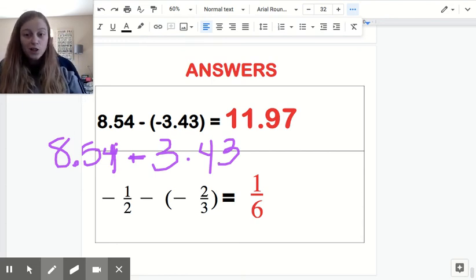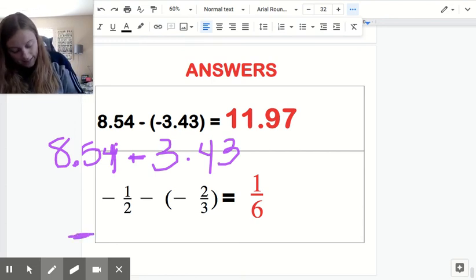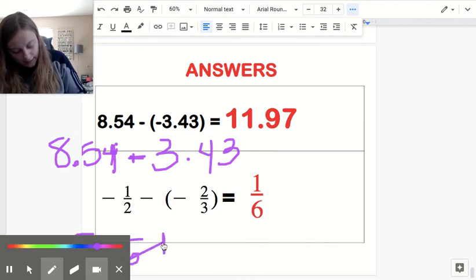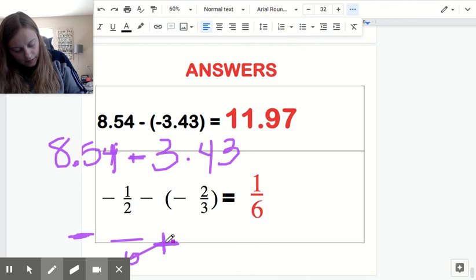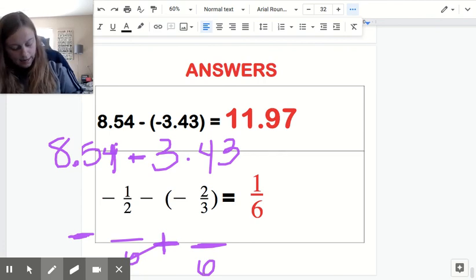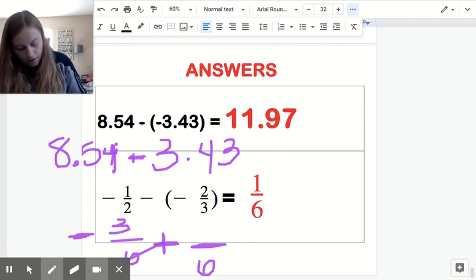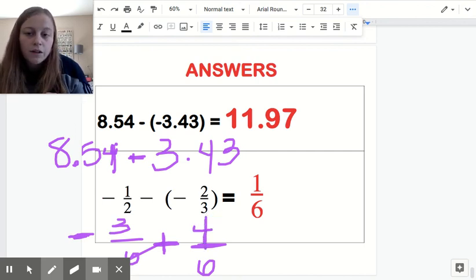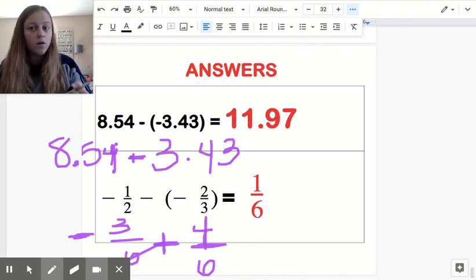With my fraction one here, I KFC'd, but I also found a common denominator of 6. So KFC'd, that changed to a positive, found common denominators of 6. So I really had negative 3 plus 4. Negative 3 plus 4 is positive 1 over my denominator of 6.